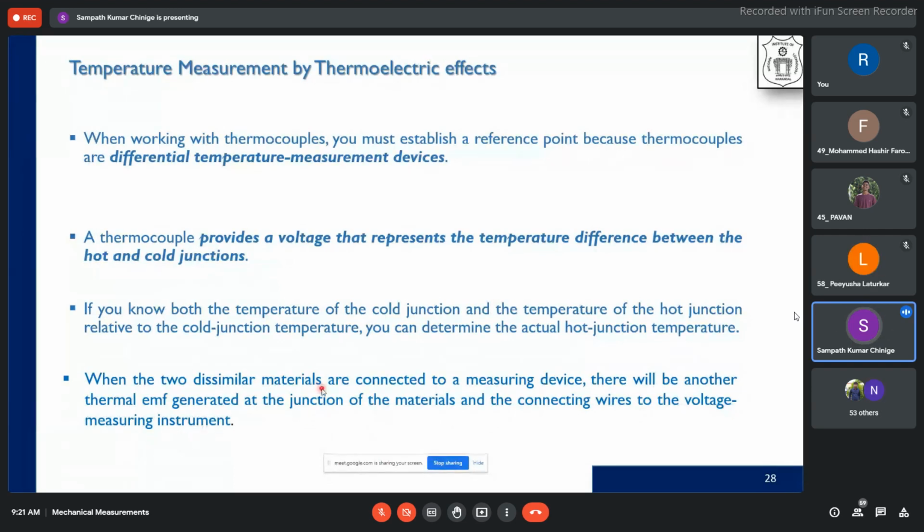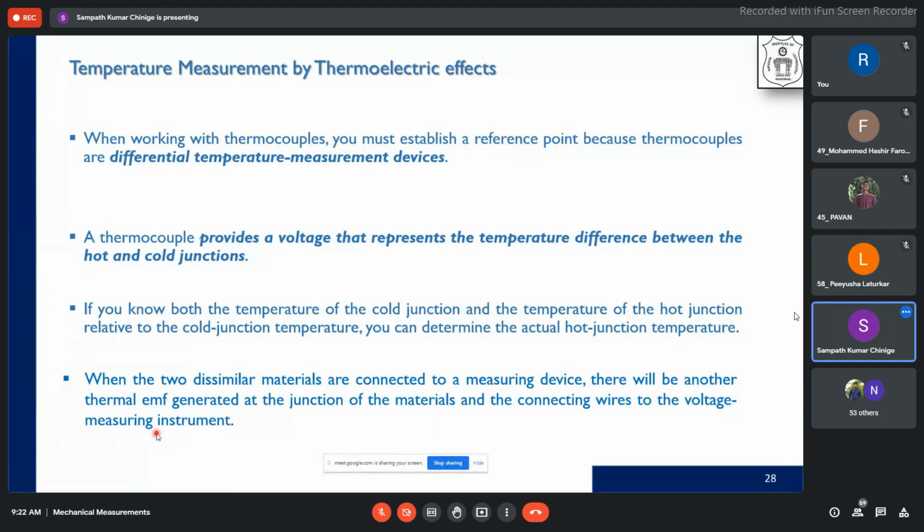When we connect these two dissimilar metals to a measuring device like a voltmeter or potentiometer, extra wires come into the picture, and because of that another thermal EMF, an extra voltage, is generated.